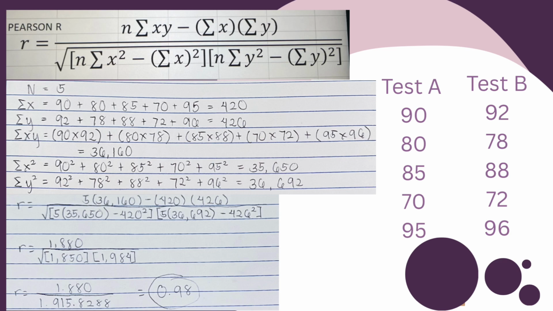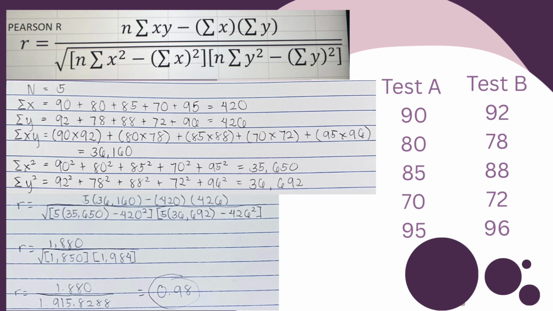36,160, the summation of X squared is 35,650, and lastly, the summation of Y squared is 36,692. We then build the top part, or the numerator.